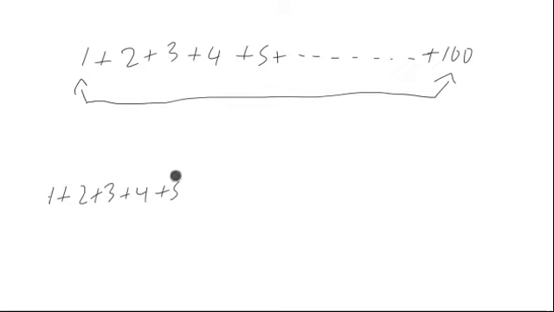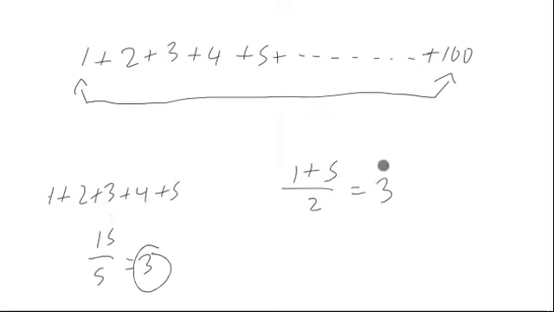The average of 1 and 5 is 3. Now let's find the average of all 5 of these numbers. Let's see, 1 plus 2 is 3, plus 3 is 6, plus 4 is 10, 15. 15 divided by 5 is, oh my goodness, it's the same. We're going to use that idea to go speedy in this addition of all these terms.